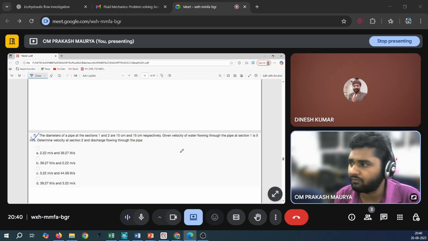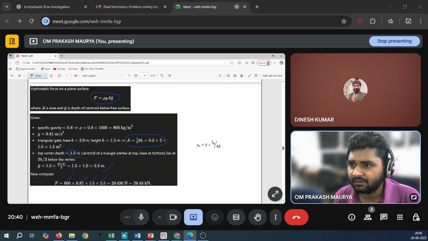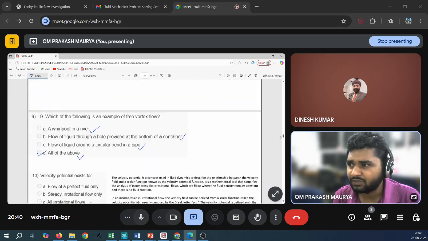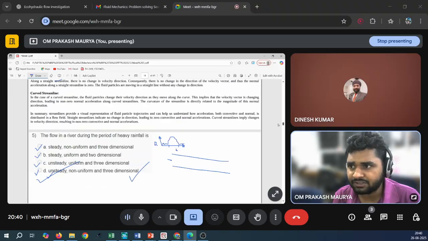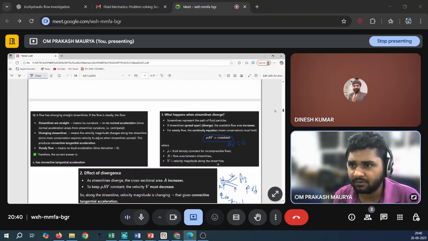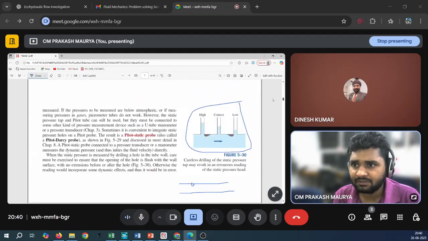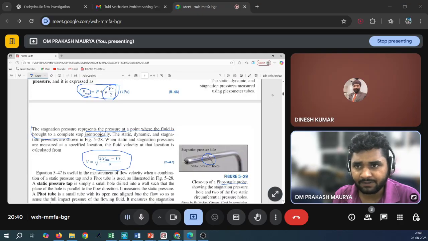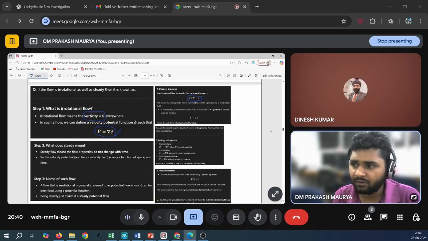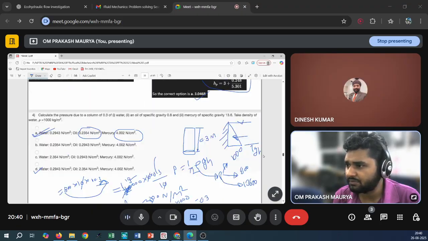I have solved a lot of questions. Let me just show you very quickly. As you can see here, I have also discussed your pitot tube concept. So you can go one by one. Without any delay, let us discuss question number 7.